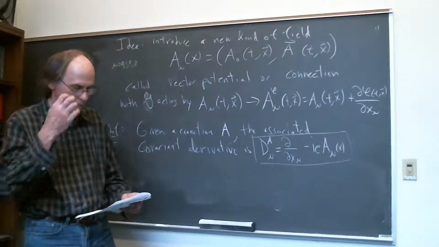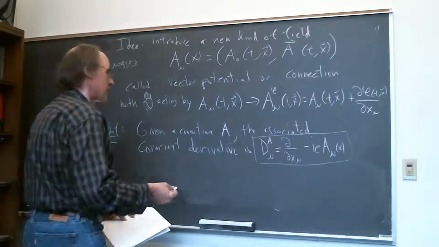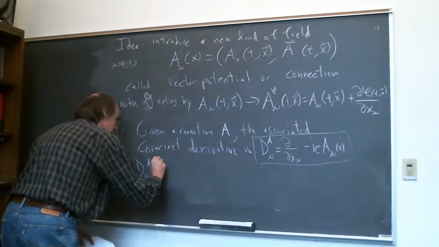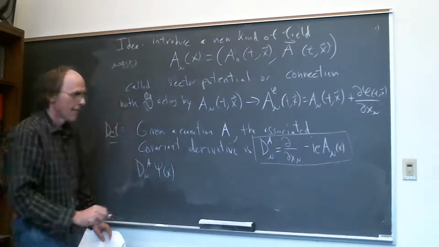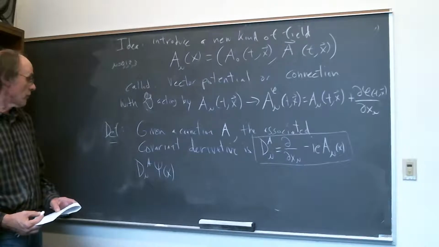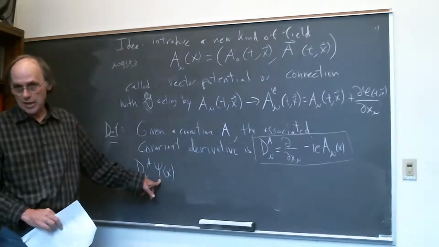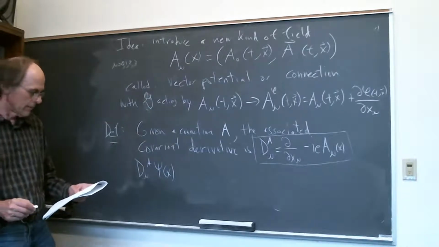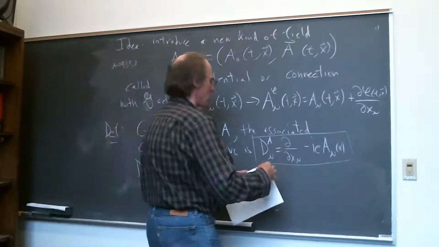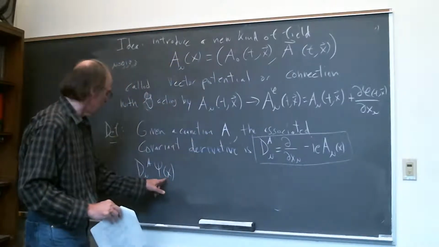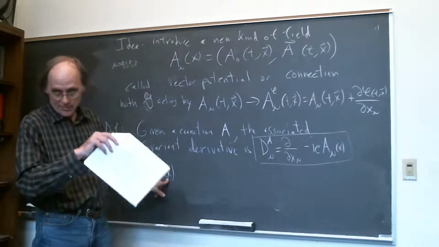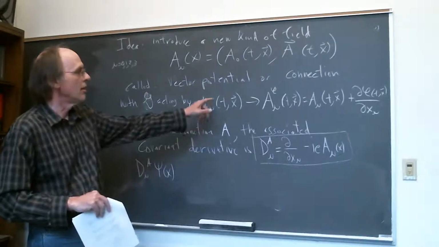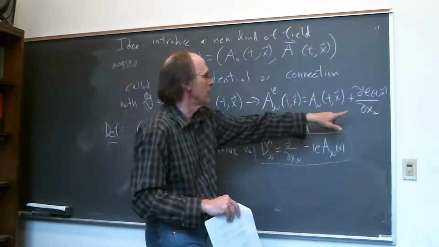But the whole point of this is that you can do this calculation. If you take this new kind of derivative of this guy, you gauge transform the psi by multiplying by e to the i e psi of x, and you gauge transform the A_mu by doing this.